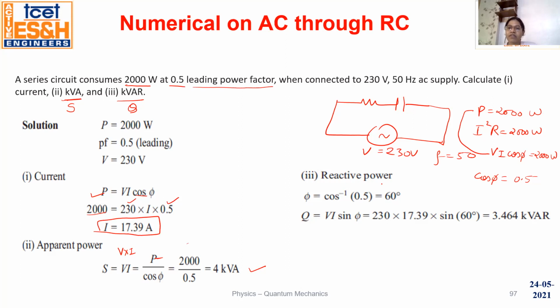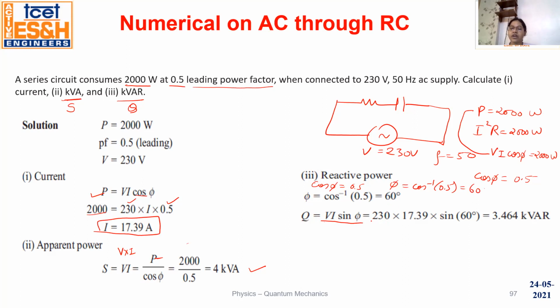Now the reactive power you can calculate like this: VI sin phi. Since cos phi is equal to 0.5, phi is equal to cos inverse of 0.5, which gives 60 degrees.